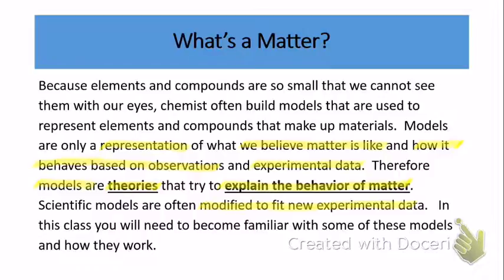So as new experiments are done on the behavior of matter, sometimes our models have to be adjusted slightly because we find new information or our measurements become better, and so then we modify our theory or our model to fit the new experimental data. And that's really important. We're going to see this common theme throughout chemistry.